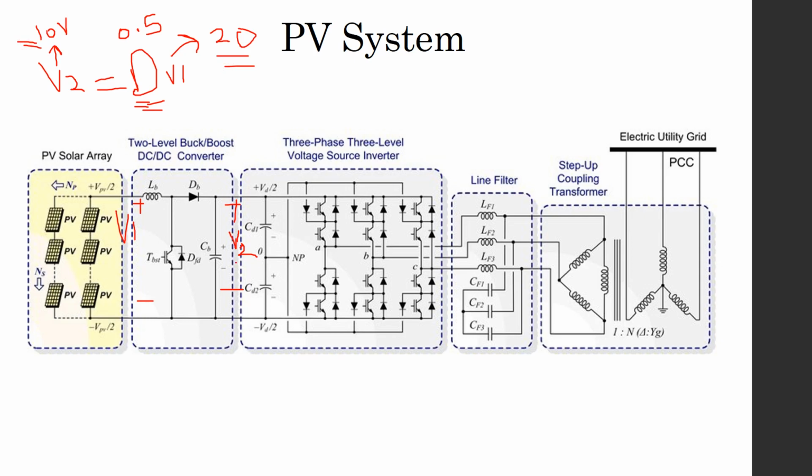Now this is one of the types of the DC to DC converters. All of these converters have been discussed in our course for power electronics, but for now let's see what we have.